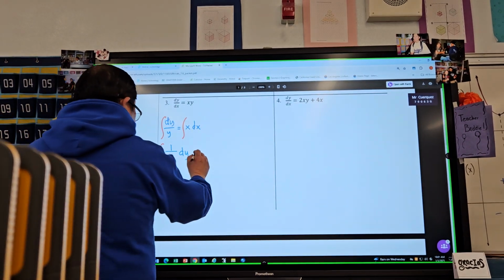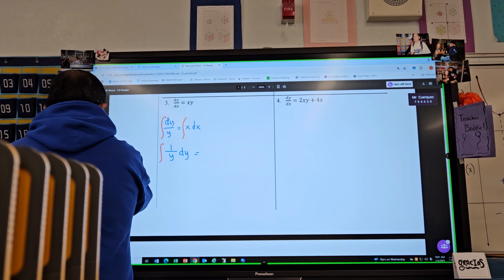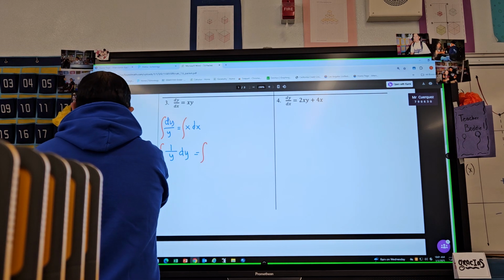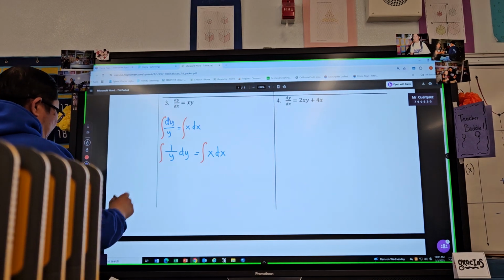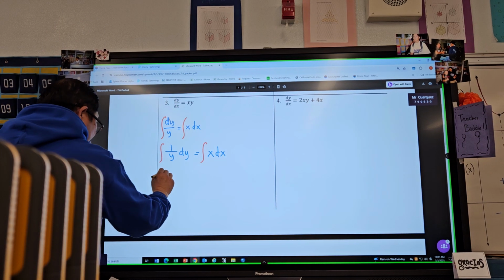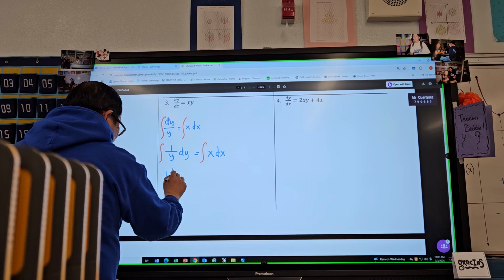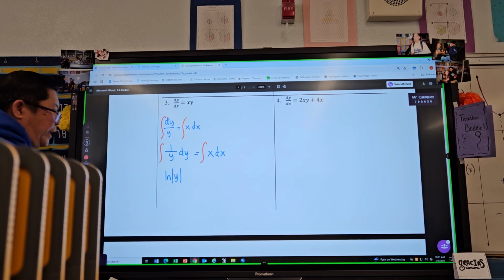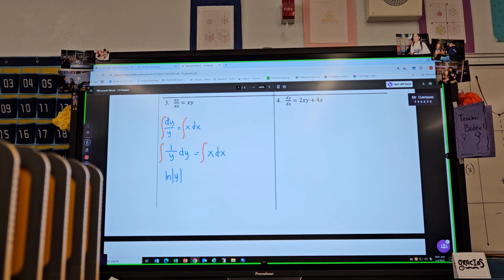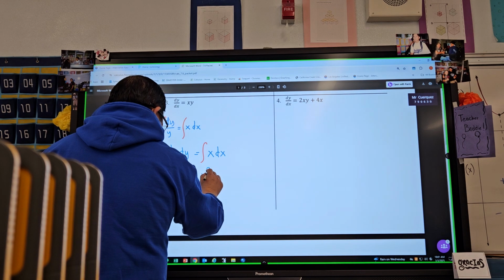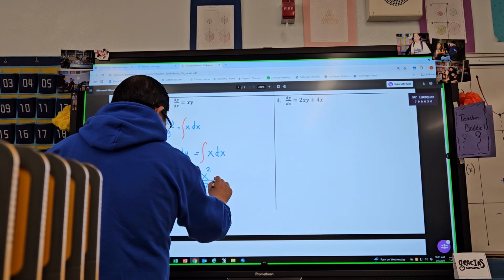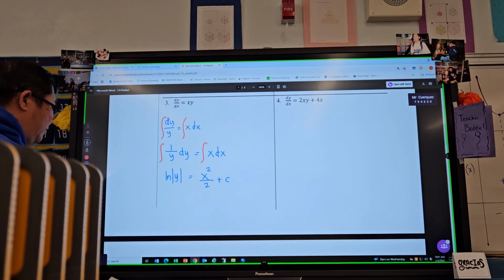Okay, so this is equal to the integral of x dx. So we now integrate. So you said that this is ln absolute value of y, right? Here, guys, 1 over y is natural logarithm. And then what about this one? We have x squared over 2 plus the constant.